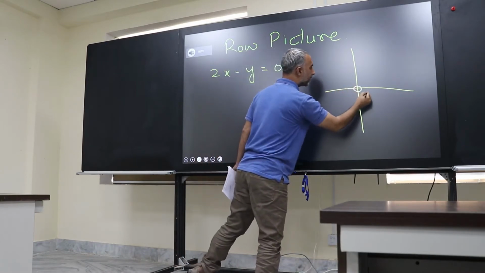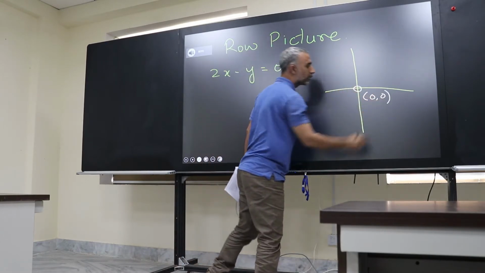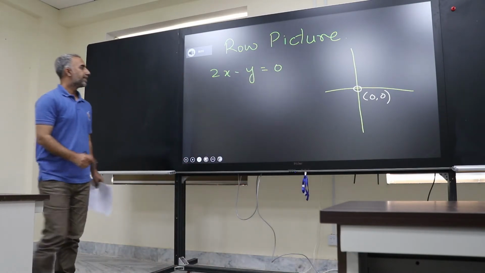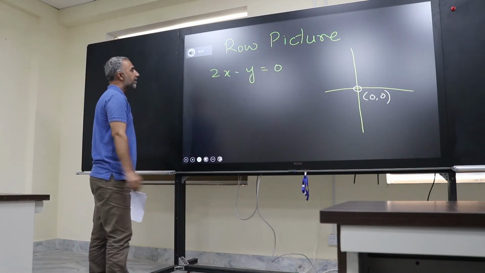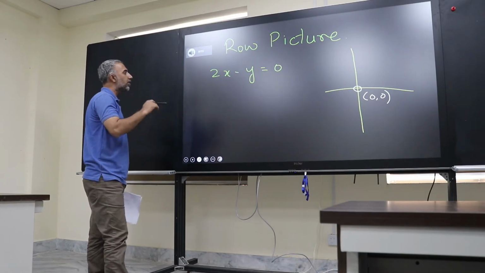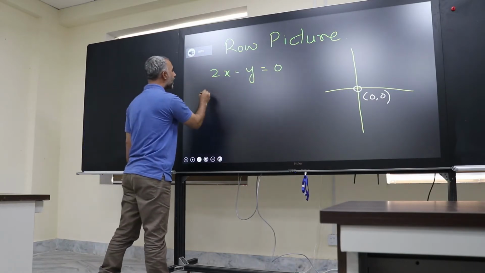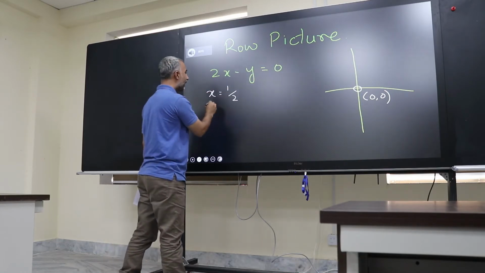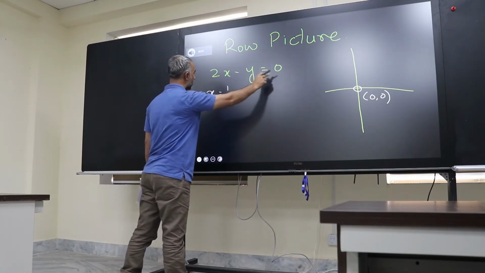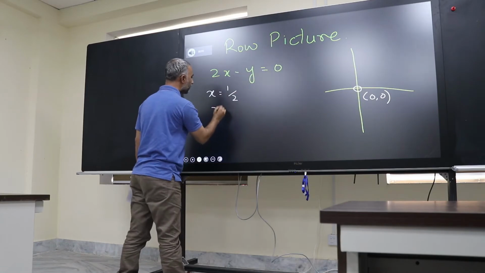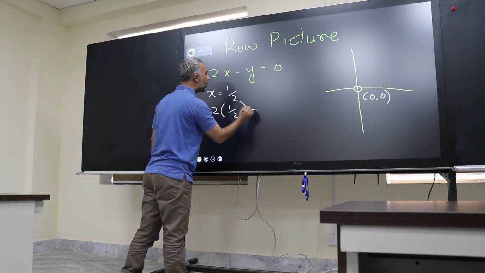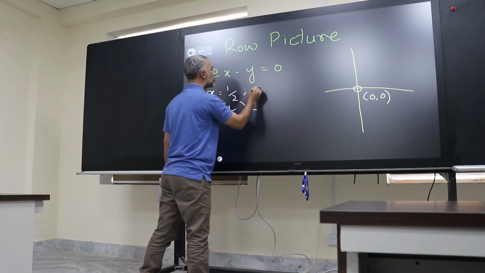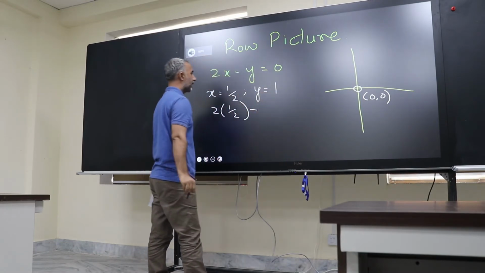So here it is passing through the origin. Now, if we consider x equal to half, then we should use y equal to 1.